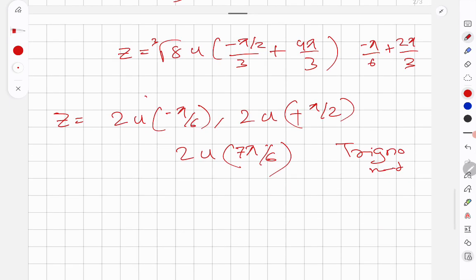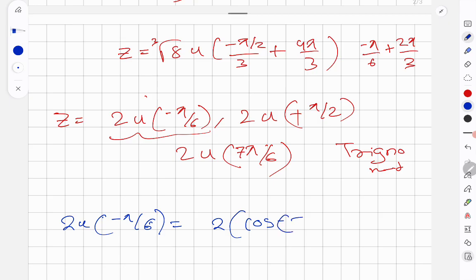But as the question asks, you also need to have the algebraic form. So for the algebraic form, you have to write it in this way. So your z is 2 times, if I do it for this one, 2 u minus pi by 6, right? So it can be 2 cos minus pi by 6.